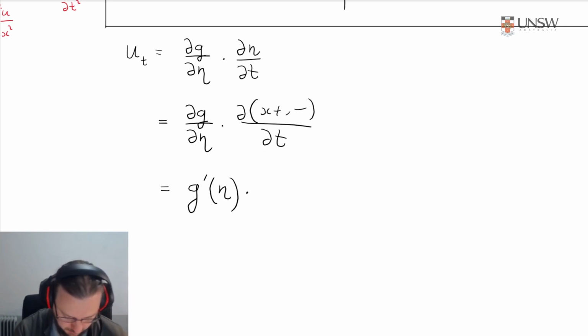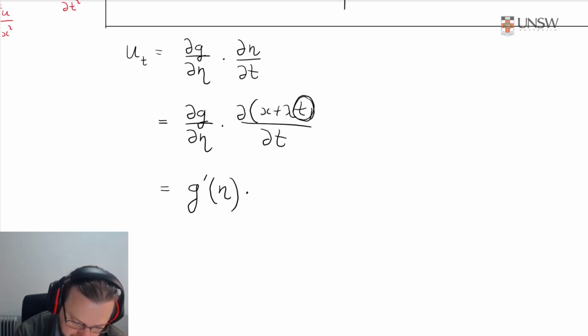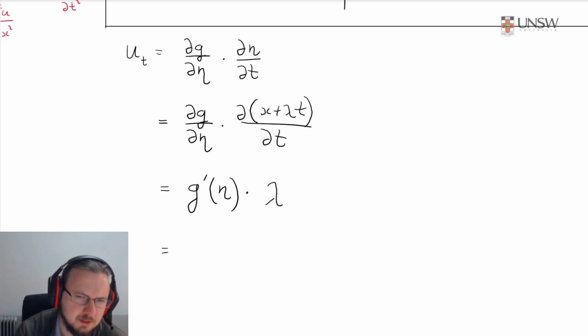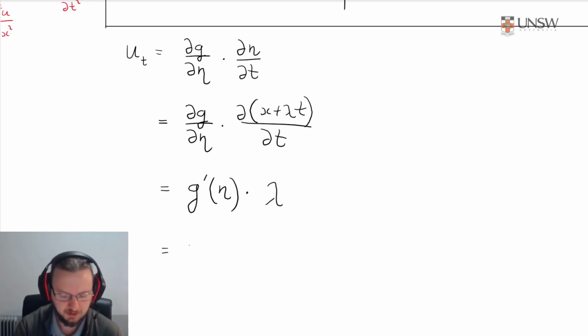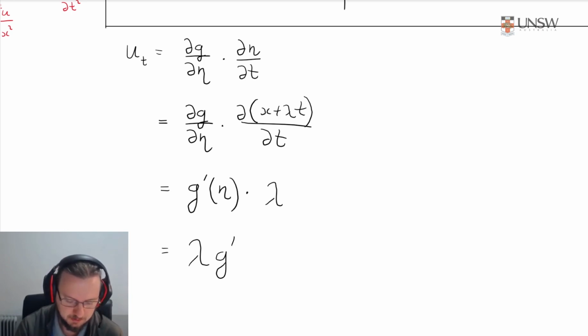So when we're taking the derivative, the only thing we really need to focus on is this t, and the derivative of this with respect to t is just lambda. So that's a little bit different from before. So here we actually have lambda times the partial derivative of g with respect to eta.